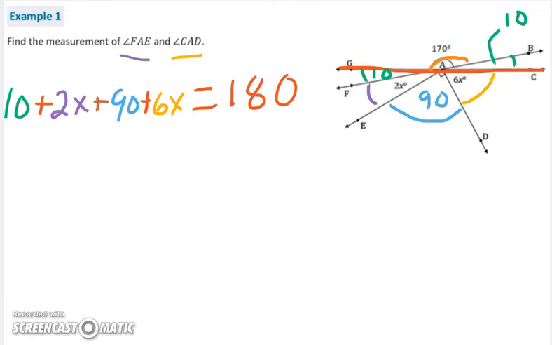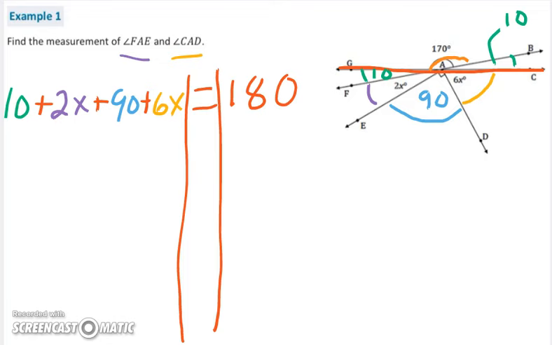Now I see we can do some lines here. Before we start moving things from both sides of the equal sign, let's do some shapes. We'll combine like terms. We want to see a positive 2x and a positive 6x. That should give us 8x.